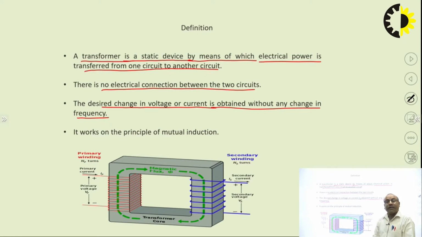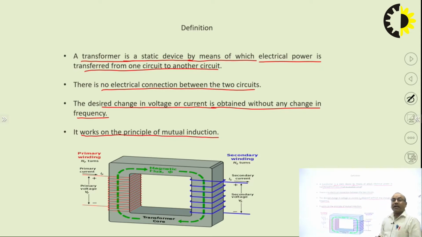That means there will be no change in the value of frequency on the two sides. Since the two sides are AC circuits, the frequency is associated with them, but the frequency remains the same on the two sides. Another important point: the working of a transformer is based upon the principle of mutual induction.